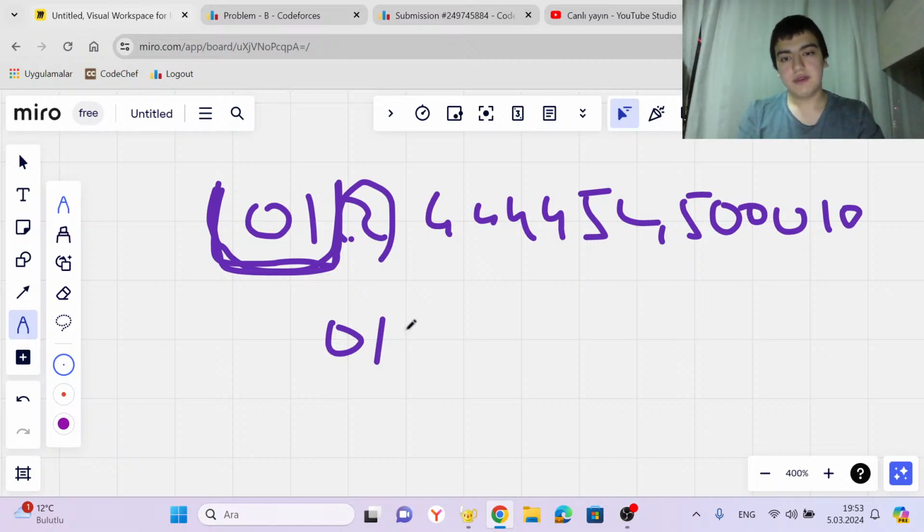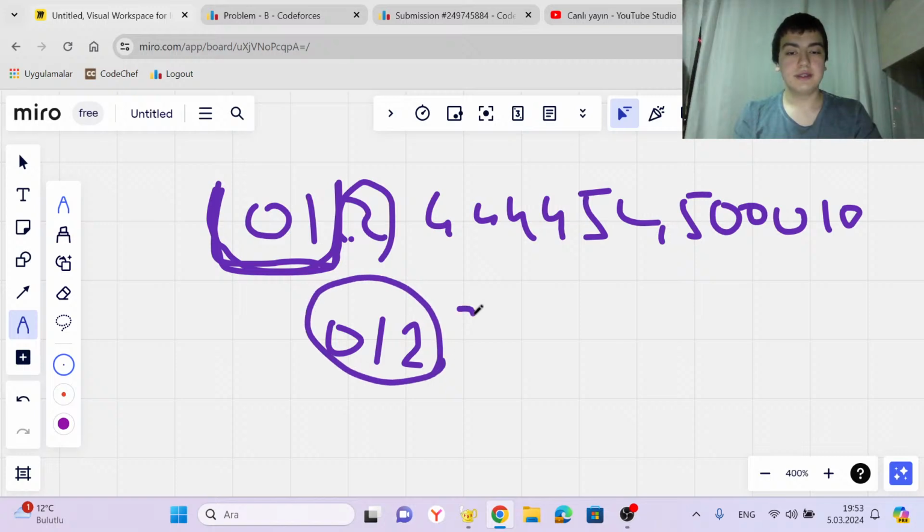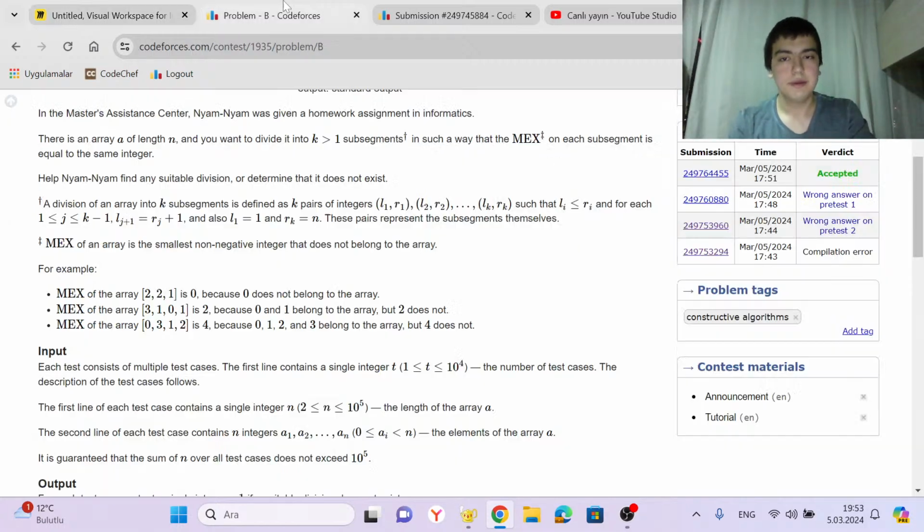So at least one of them will contain 0, 1, and 2, and the max of this array is 3. So the max of at least one subsegment should be the max of the original array, and the max of one subsegment is equal to the max of all subsegments. So the max of each subsegment should be equal to the max of the original array.